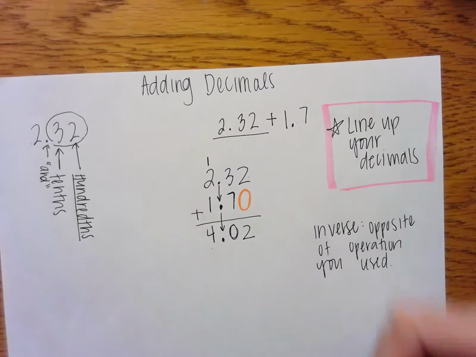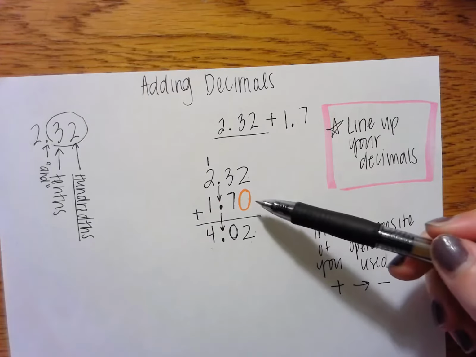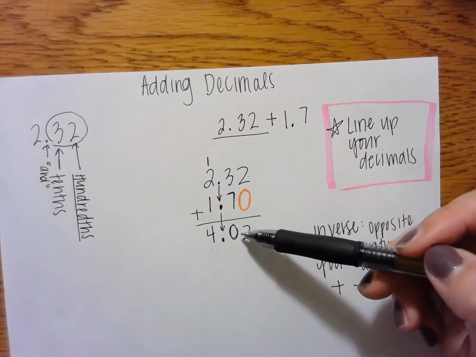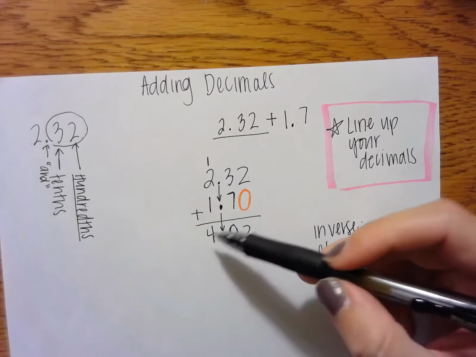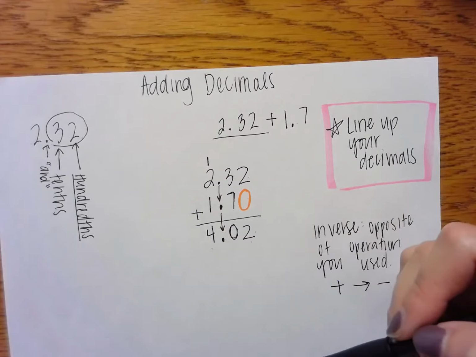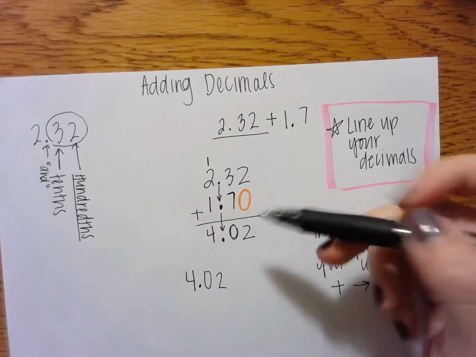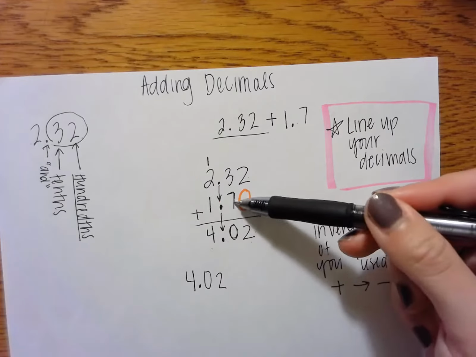They go together. So we can subtract. We'll take our answer, and we'll just subtract it by either one of these numbers. It won't matter which one we use, because it will get the other one, since they were added together in order to get our answer. So I'm just going to subtract 4 and 2 hundredths minus the 1 and 7 tenths.